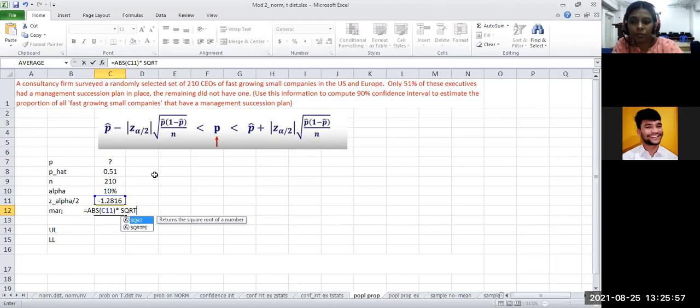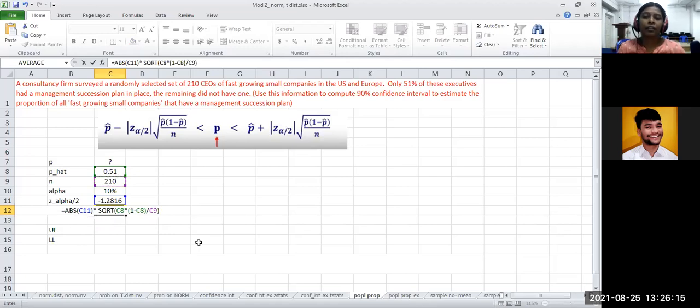So square root of p hat, which is this value, into 1 minus p hat by n. Fine. So this should be your formula for your margin of error.